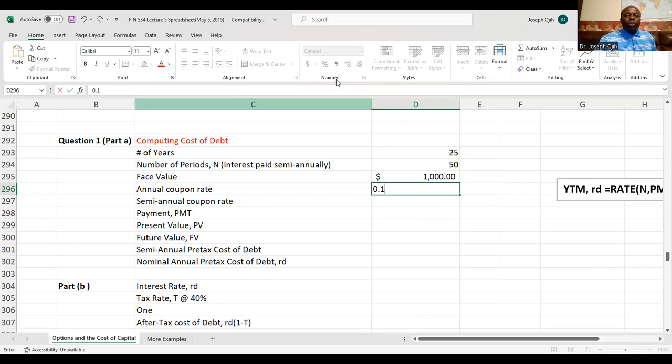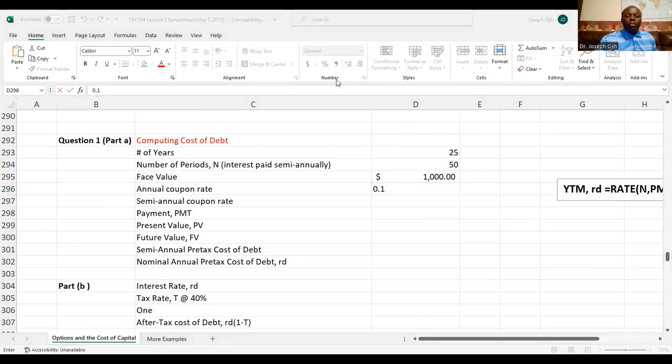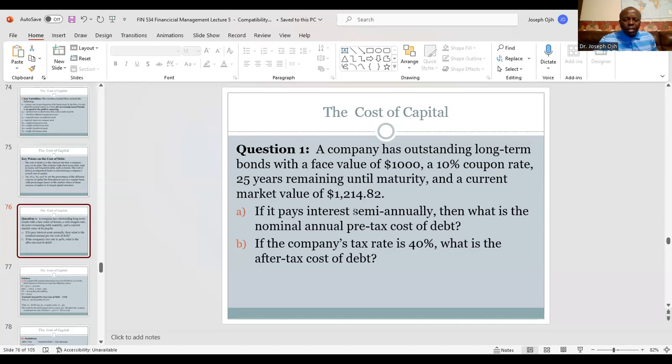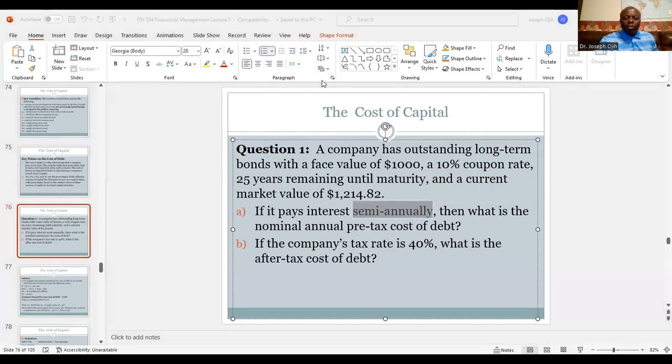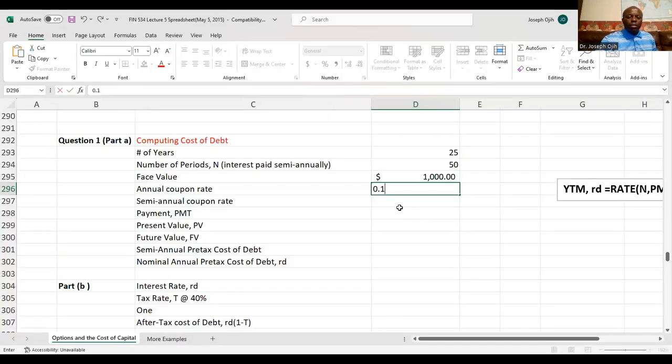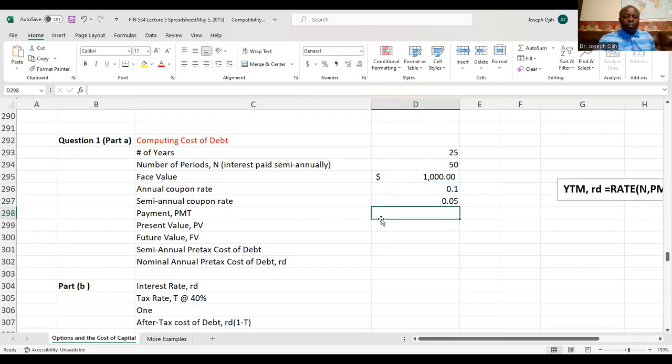We are also told that this company pays the coupon semi-annually, which is twice a year, so we have to divide the 10% by 2 to take care of the semi-annual payments. The semi-annual coupon rate equals 10% divided by 2, which gives 5%.